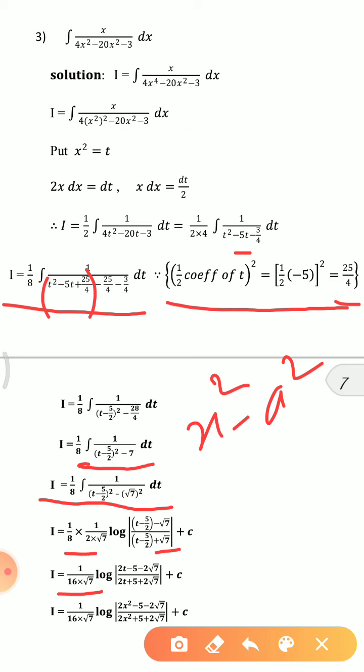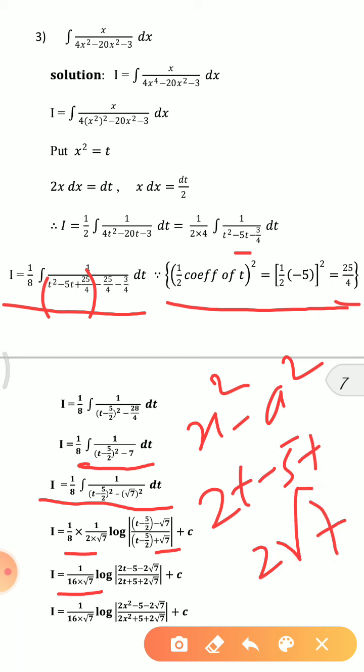multiplying numerator and denominator by 2, that is (2t minus 5 minus 2 root 7) upon (2t plus 5 plus 2 root 7). Sorry, we have one correction in the denominator: it is 2t minus 5 plus 2 root 7 here.